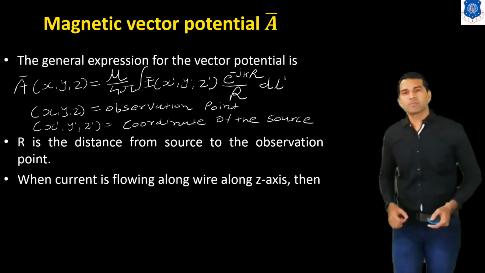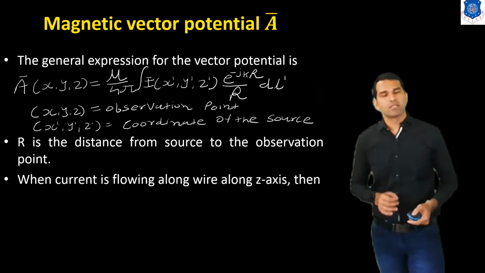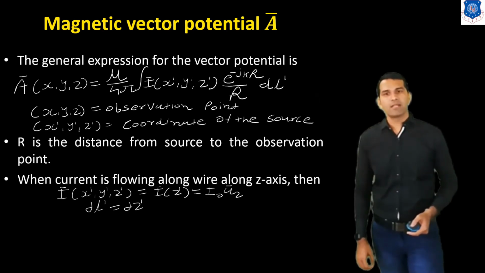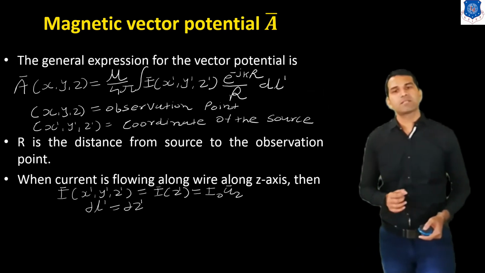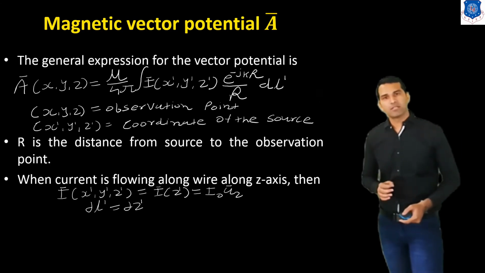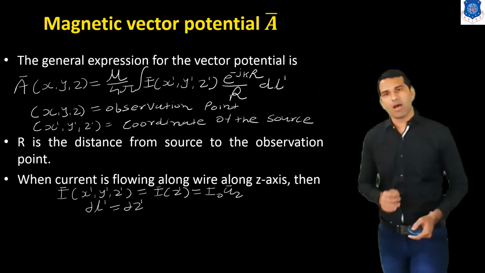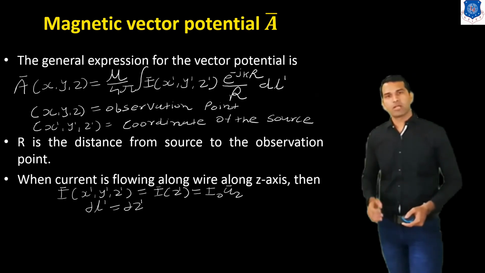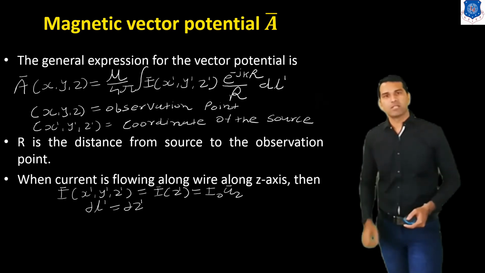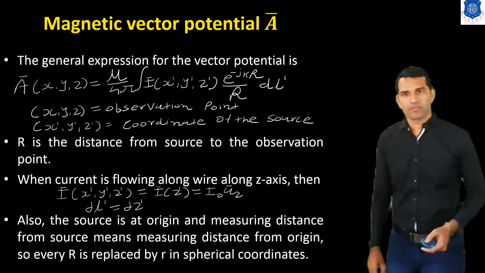When the current is flowing along the wire in the z direction, we can write I(x', y', z') as I(z') a_z bar. Since the current is flowing in the z direction, dl' is nothing but dz'.